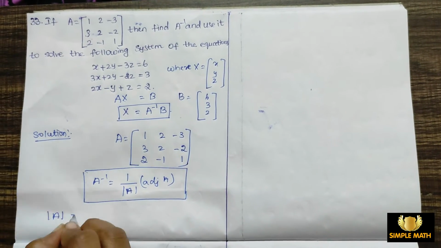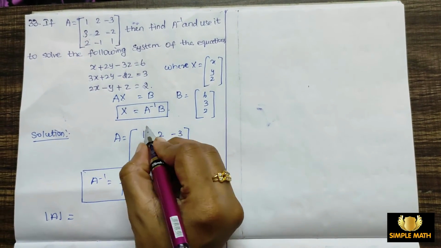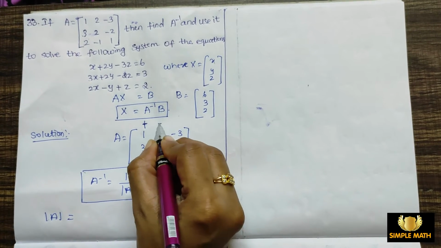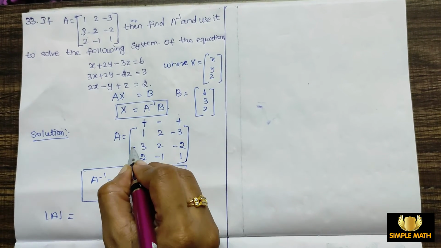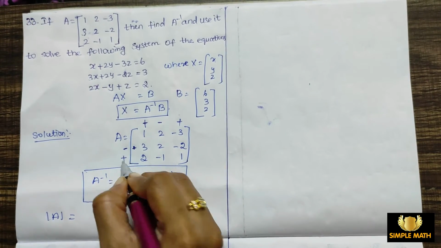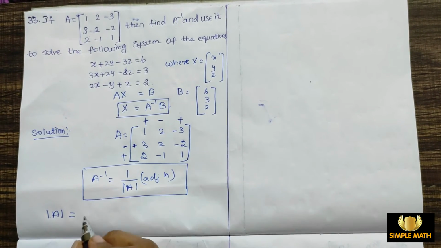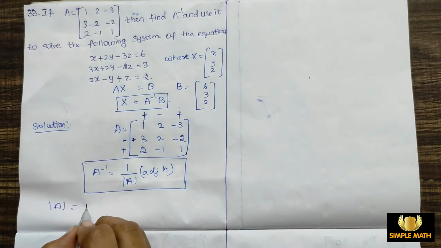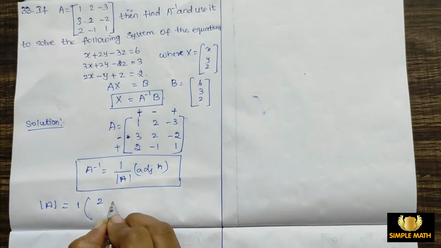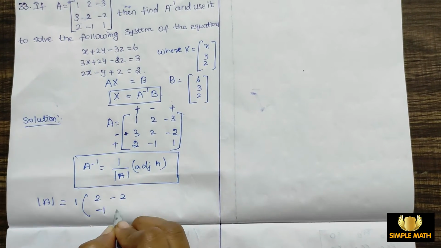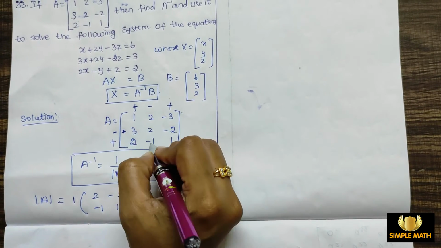First, modulus of A, which is equal to, write the matrix signs plus, minus, plus, and for the column plus, minus and plus. Don't put the signs inside the matrix, put them outside, so that we don't get confused. First, leaving the first row and first column, write the remaining terms: 2, minus 2 and minus 1, 1.